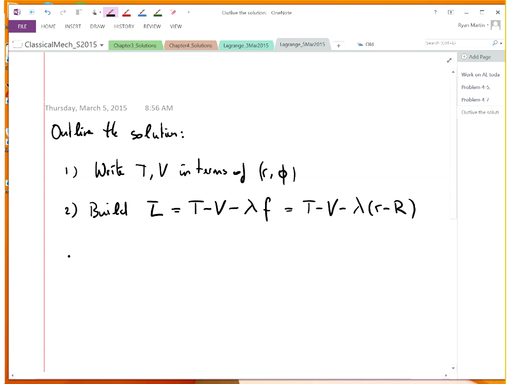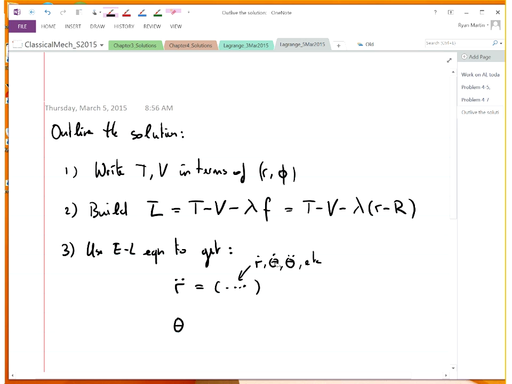Now, step 3, we're going to use the Euler-Lagrange equation to get something like R double dot equals something. And presumably in here there could be R dots, theta dots, maybe even theta double dots, etc. And then, sorry, I called it theta now, but we're calling it phi.